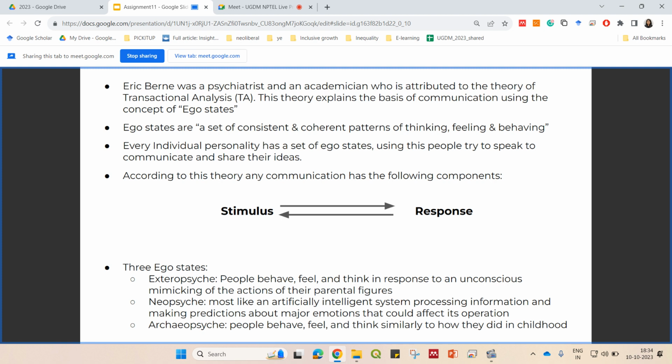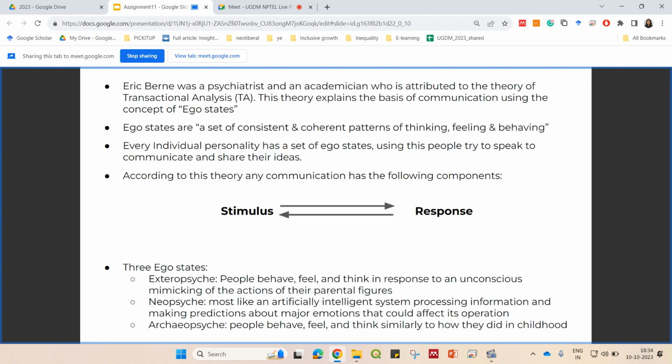So, like an artificially intelligent system, your response would be collecting and processing information from your surroundings, seeing and analyzing from your surroundings how things are, saying what will create what kind of situation, saying how you should communicate, how you should not communicate, making predictions about major emotions of the person who you are trying to communicate with, how what you will say will affect the person in front of you, making predictions about that, and based on that changing your behavior or manipulating your behavior to suit your needs of communication.